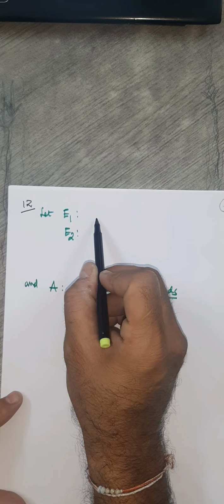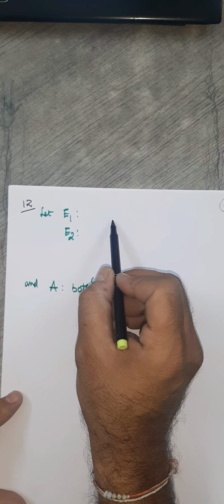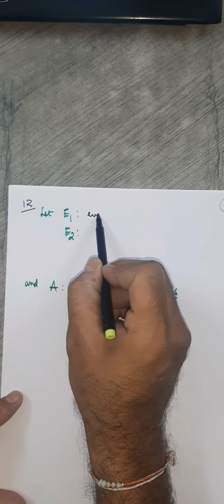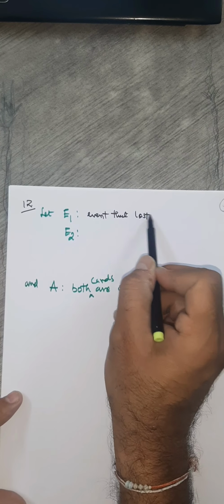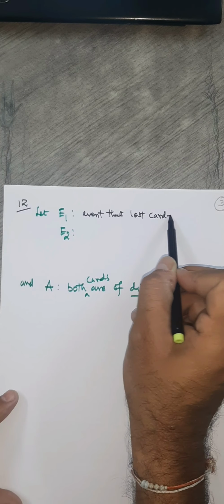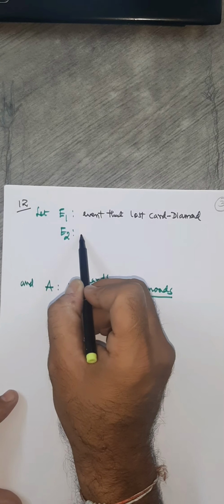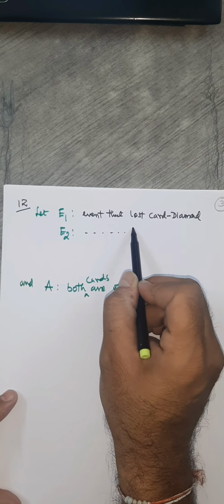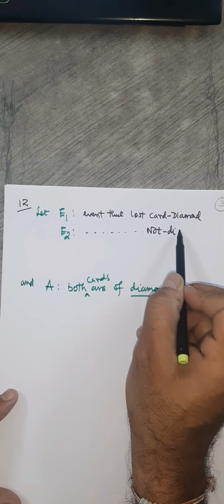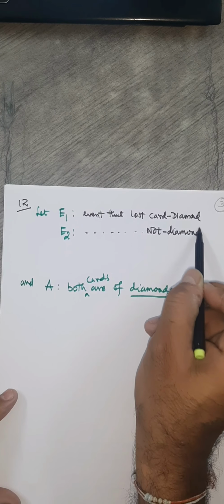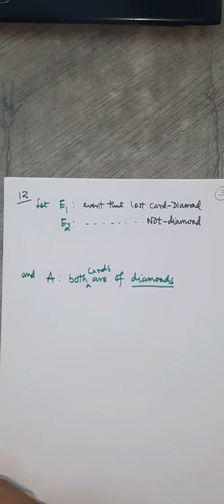The event E1 is that the lost card is of diamond, and this is the event that the lost card is not a diamond. That is nothing but the event E2.